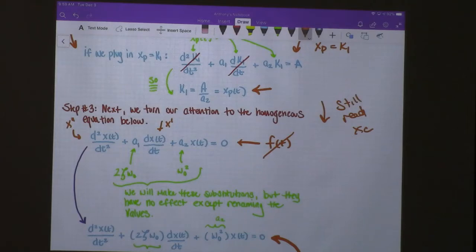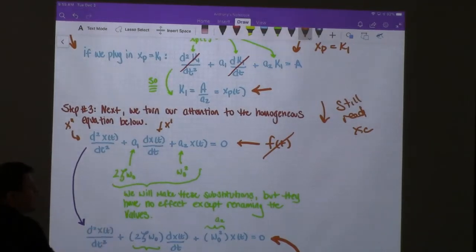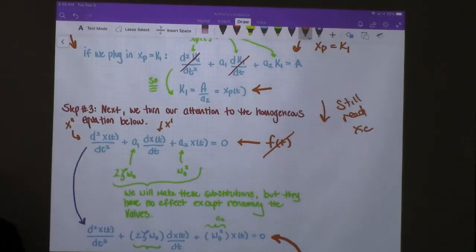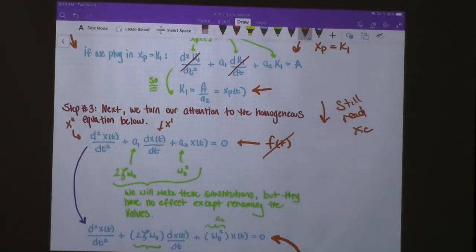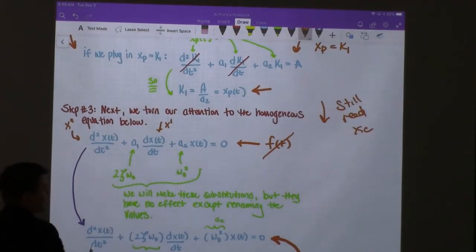What we're going to do now real quick is make a substitution that will help us illustrate something later on. It has nothing to do with the derivation. It's not going to help us with the derivation. I'm going to replace a1 with some other values, and these values have physical meaning, practical meaning for the solution when we get to that point. We're going to say it's equal to 2 zeta omega 0.